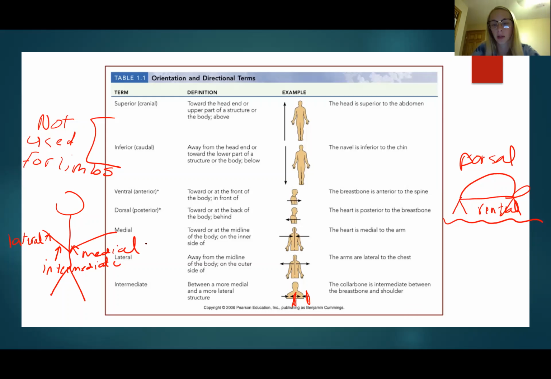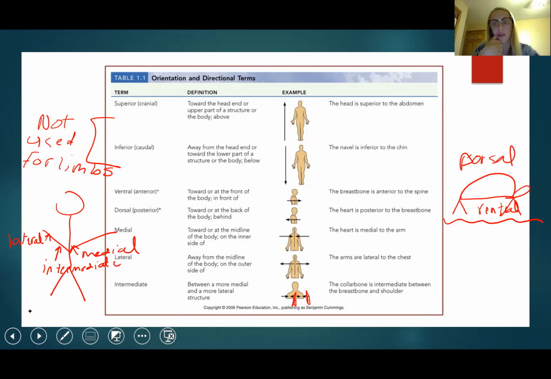Again, I think the best way to practice those is just thinking about it using your own body, or maybe even if you don't like using your own body, printing out a diagram or an illustration of a person so that you can point to them and say, well, this is how this relates to that, using these terms and definitions and checking your definitions.